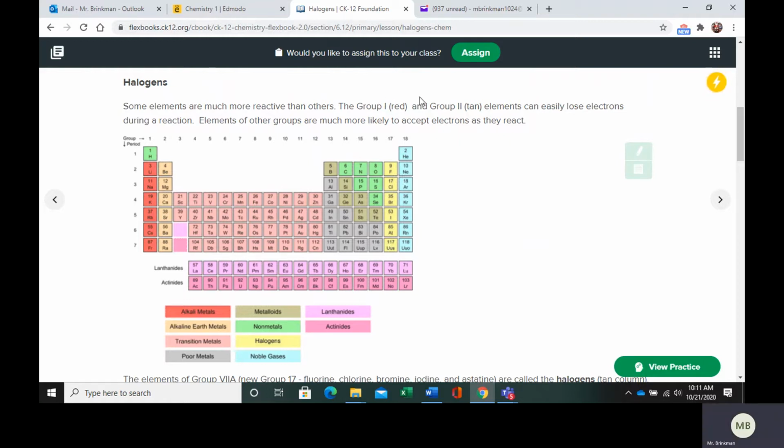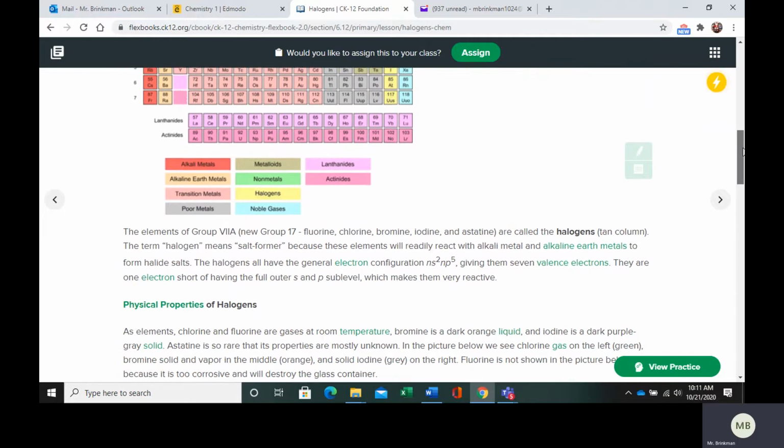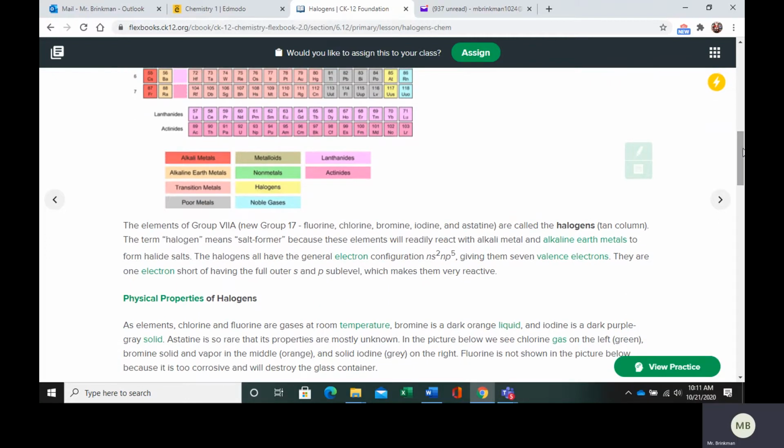Group 1 and group 2, as we've gone over, can easily lose electrons, but the elements in this group are more likely to accept electrons. Their outer valence electron configuration is 2 electrons in an s orbital and 5 electrons in a p orbital.